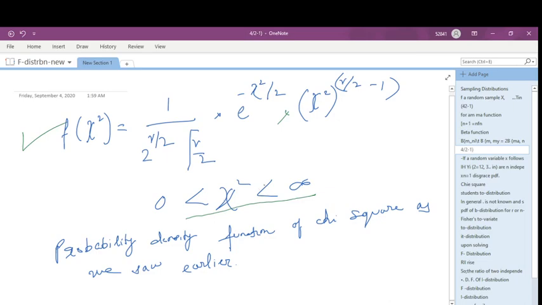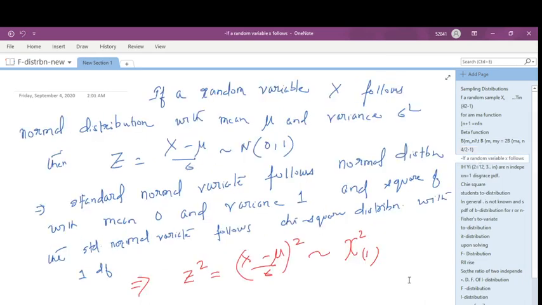So that is how the chi square distribution looks. We have already seen one plot in one of our previous videos.